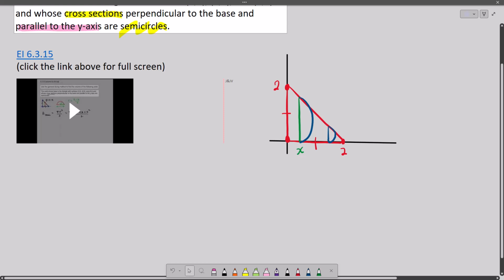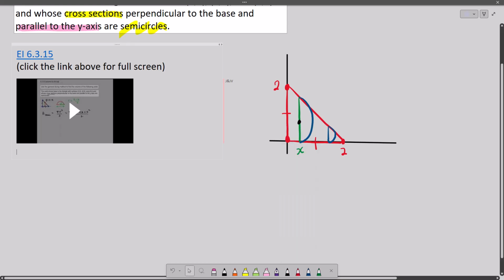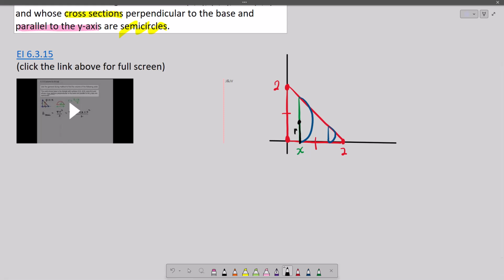What we need to identify is the radius of each semicircle, because the radius is what's going to dictate the area of a semicircle. The distance from the x-axis up to that diagonal line is going to give you a diameter of the semicircle, not the radius. So the radius is going to be halfway up.